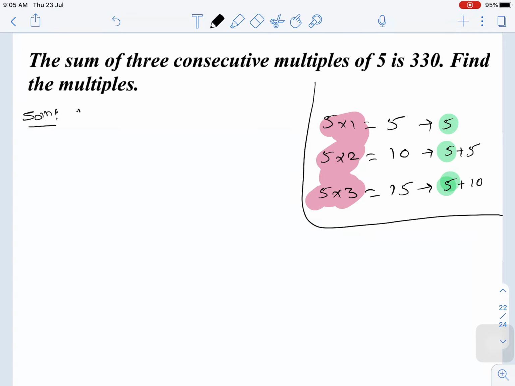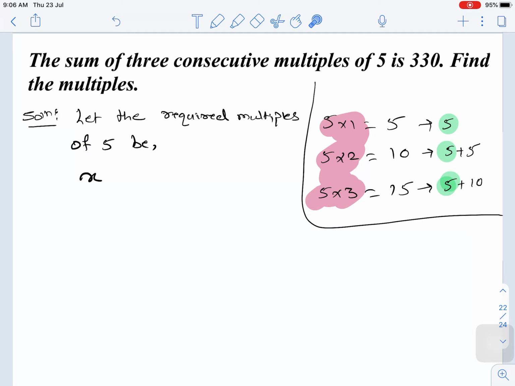Let the required multiples of 5 be, now here I am writing, let the first multiple be x. Now x means it is playing the role of this 5.